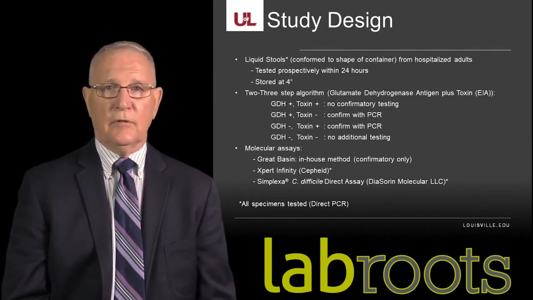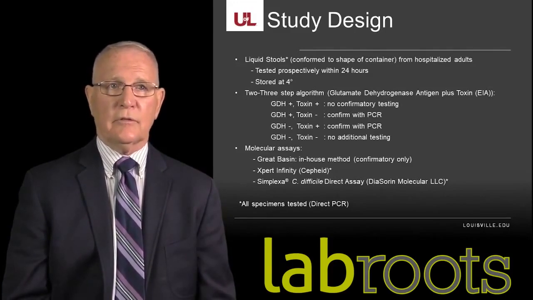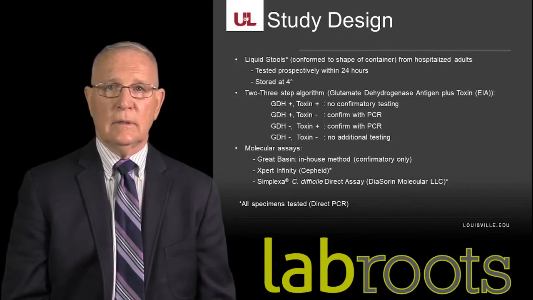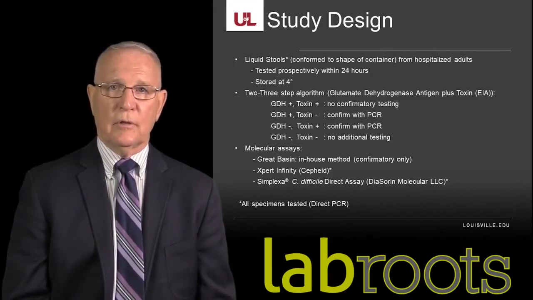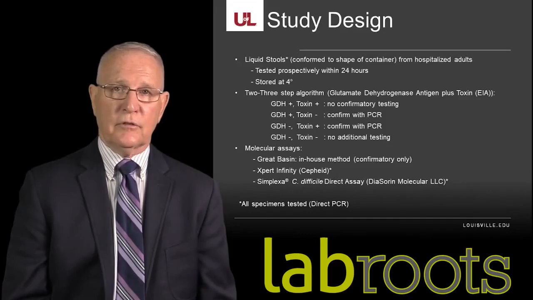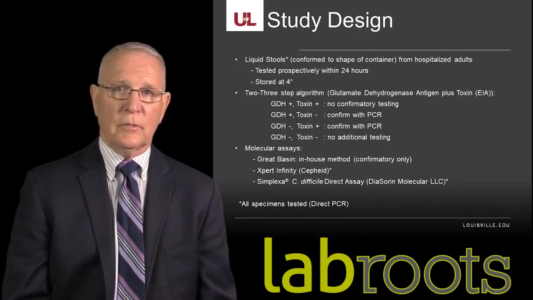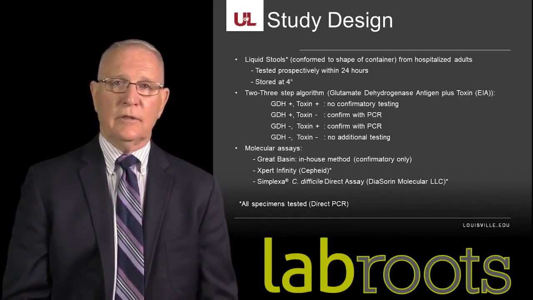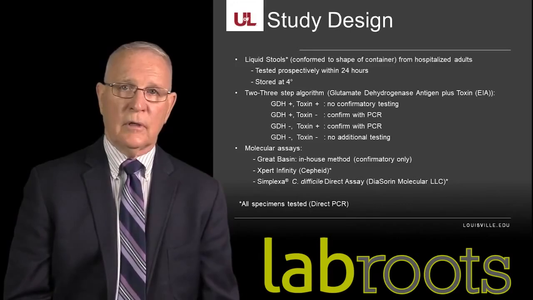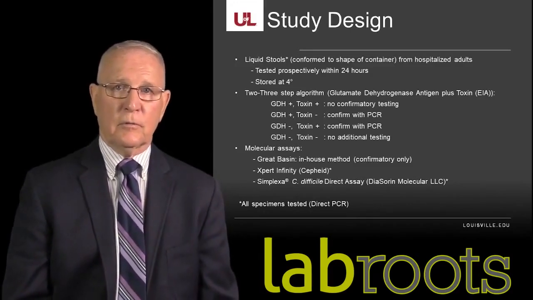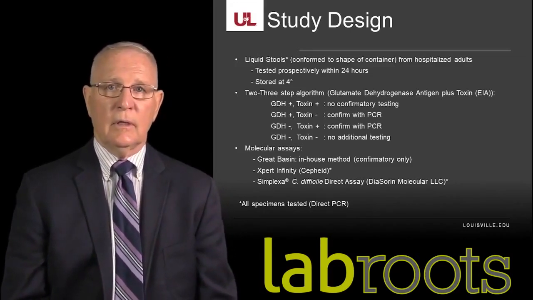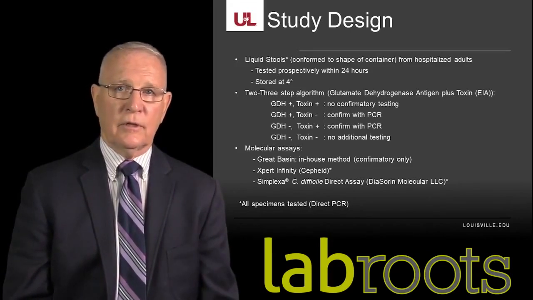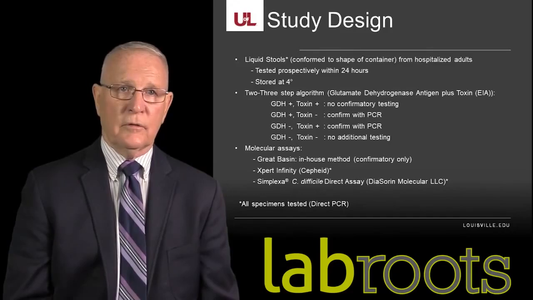If the glutamate dehydrogenase is positive and the toxin is negative, that flexes to confirmation using a PCR. So the PCRs that are used in this evaluation primarily are for confirmation, but to enhance the value of the study, we did PCR on every specimen, irrespective of the glutamate dehydrogenase and toxin results.